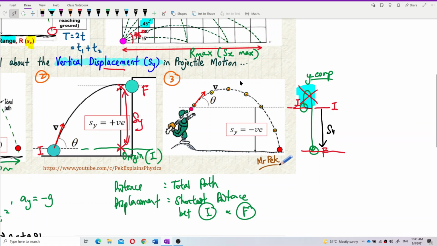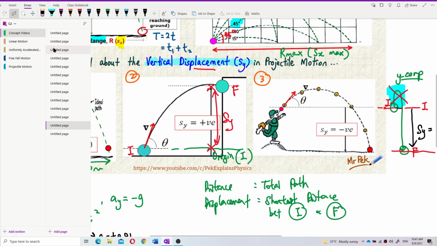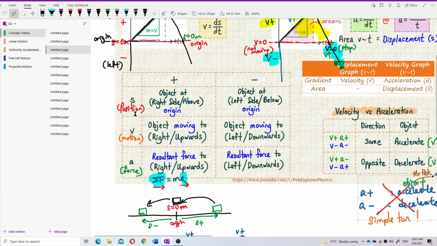This is the vertical displacement, and is it positive or negative? Remember again what I told you? Displacement is negative if the final point, or the object, is below the origin, below the initial point.